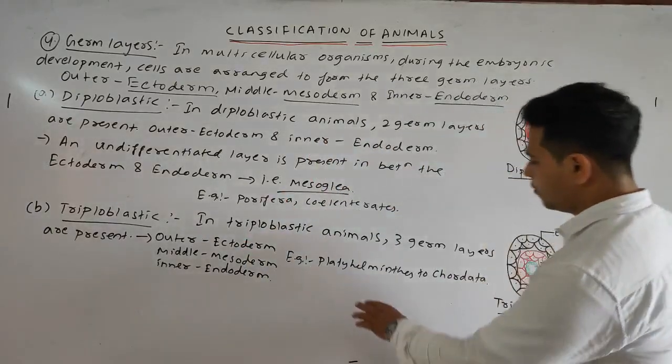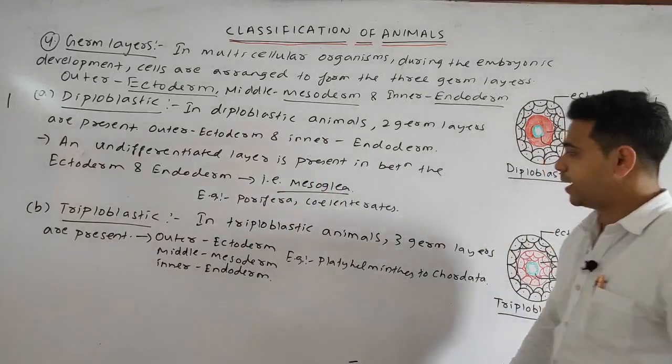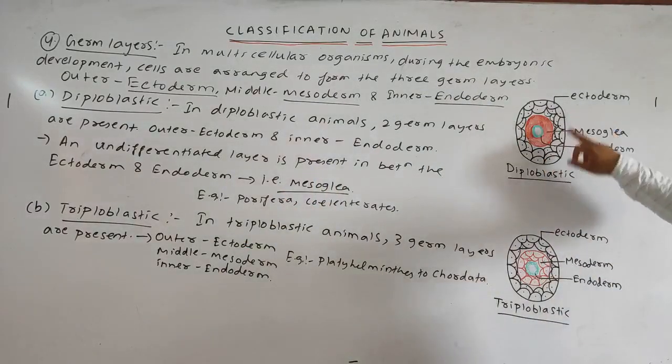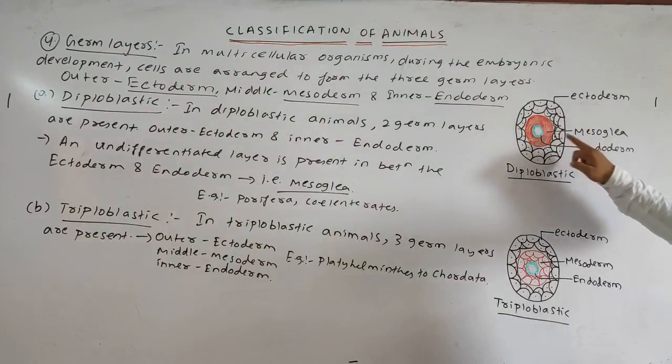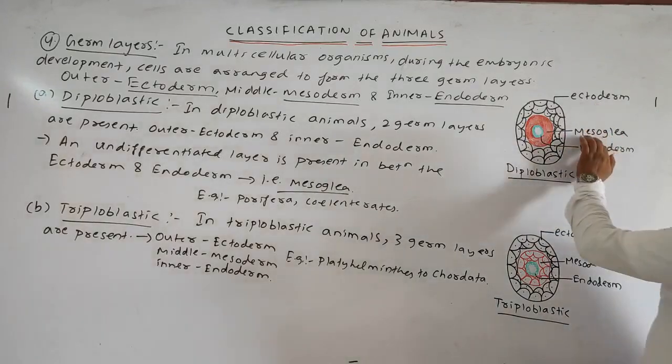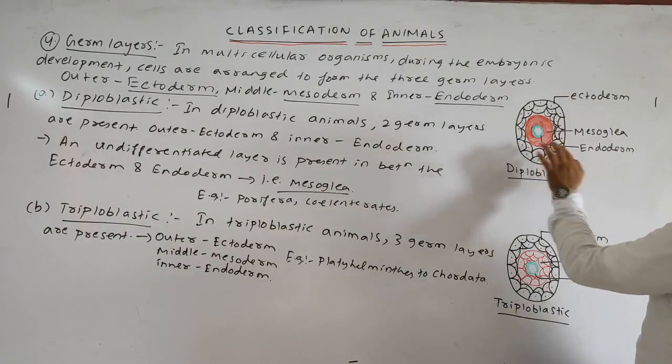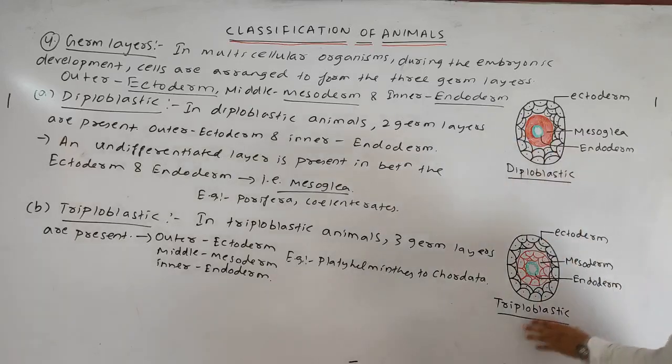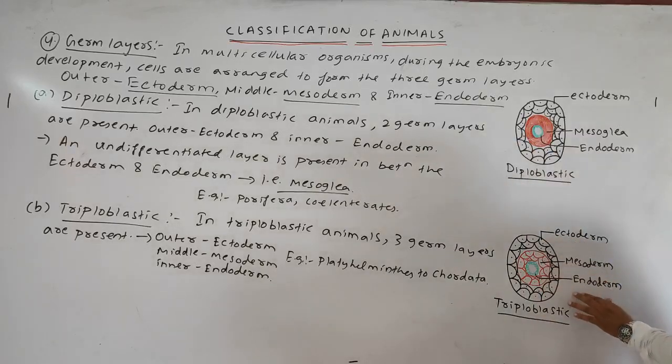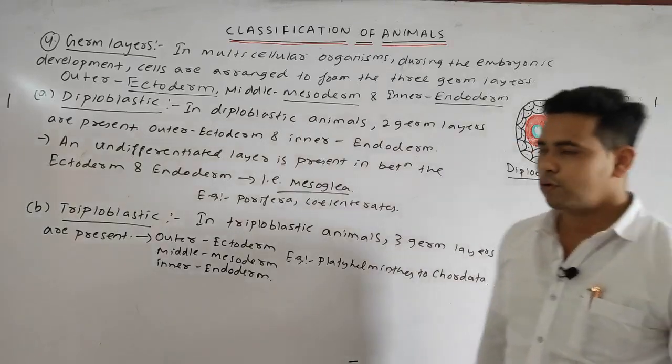Common examples are from Platyhelminthes to Chordata. And here we have the diagram. In the diploblastic, there is the outer ectoderm, in the middle the undifferentiated mesoglea present between the ectoderm and endoderm, and the inner endoderm. Whereas in the triploblastic, there are outer ectoderm, middle mesoderm, and inner endoderm germ layers. Okay, please note down.